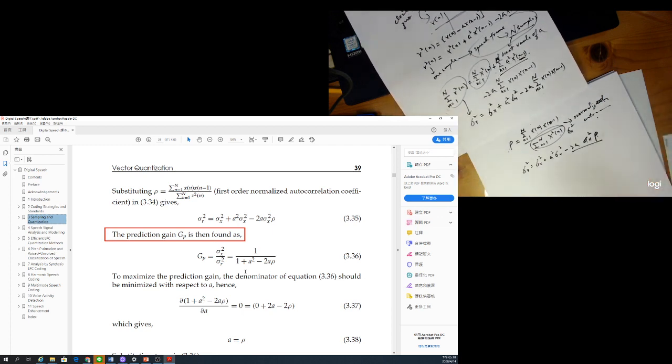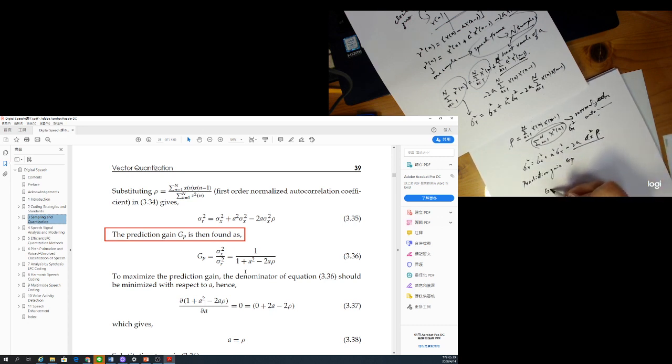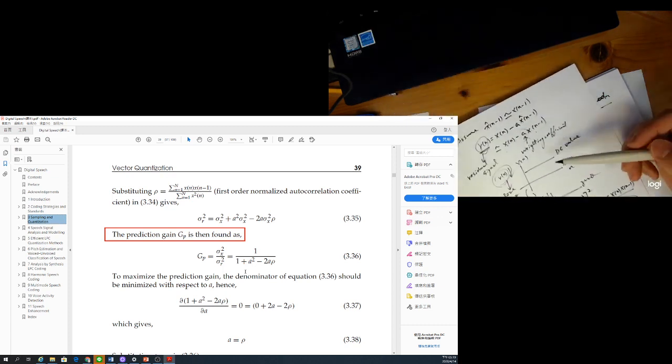So they define one called the prediction gain, GP here. For the prediction gain, we try to make the original signal energy over the residual signal energy maximized. Originally, we have a DC term.